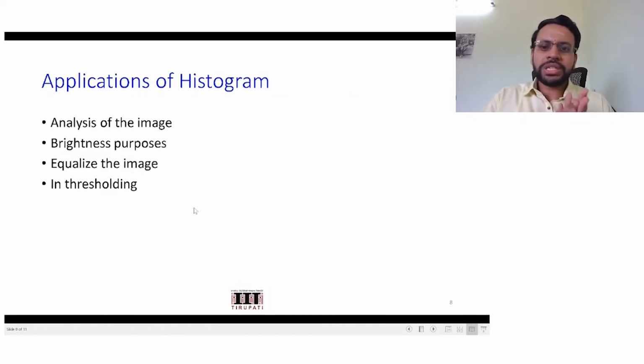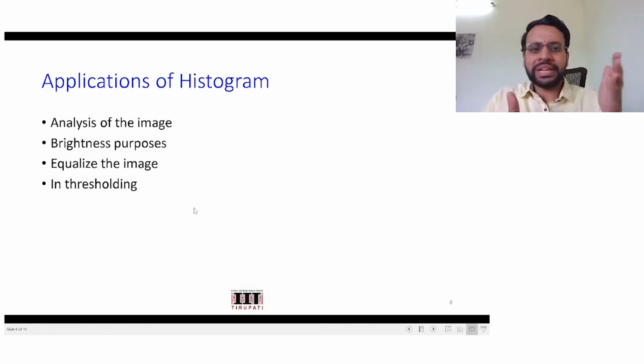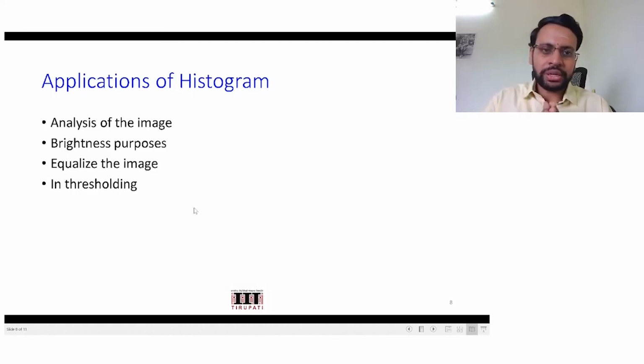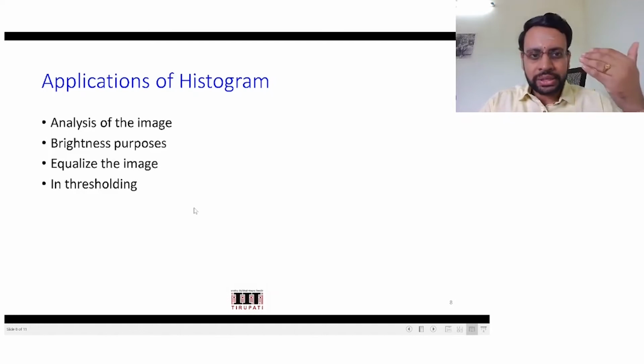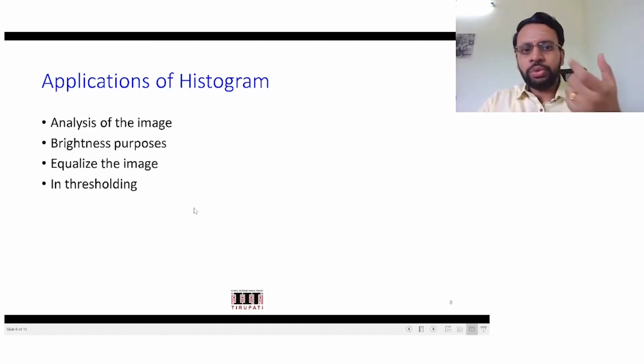The other applications being image equalization, we will come to that in the next class, and also we would extend that discussion in the class after that. Another application could be thresholding. In the last class we already had some discussion about what thresholding means. Suppose you want to get your object of interest.